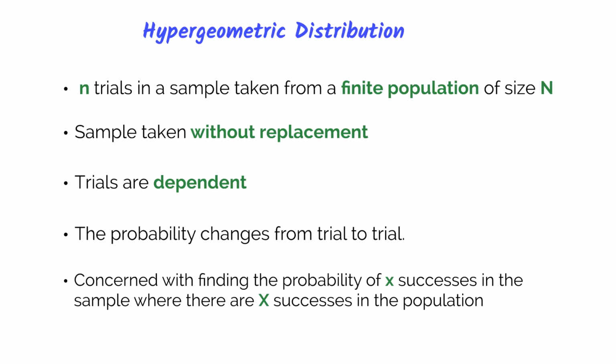Ultimately, with the hypergeometric distribution, we are concerned with finding the probability of X successes in the sample where there are X successes in the population. Like the Poisson distribution, identifying our success in the trial is very important with this distribution as well.